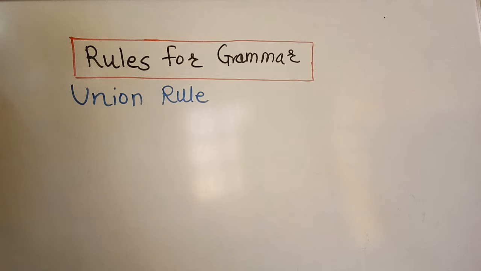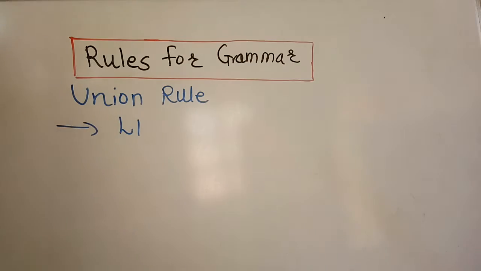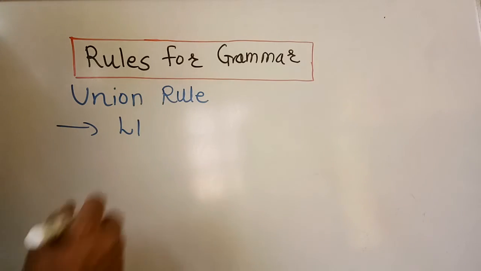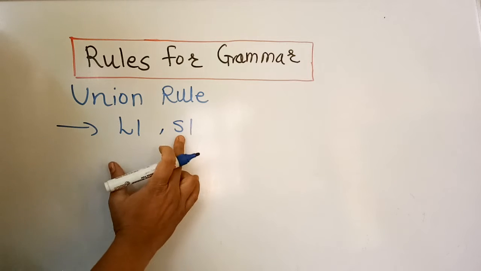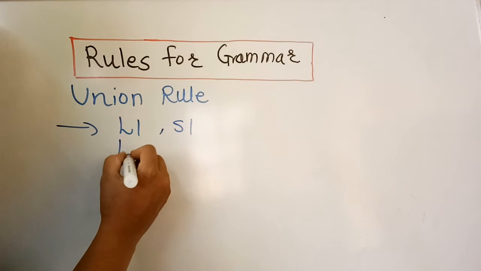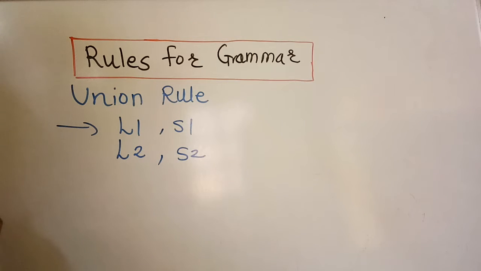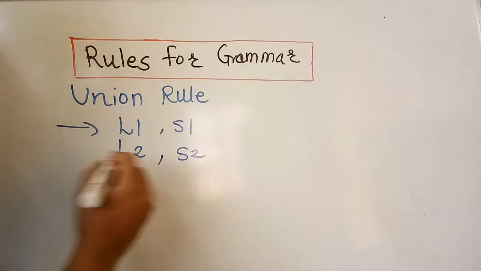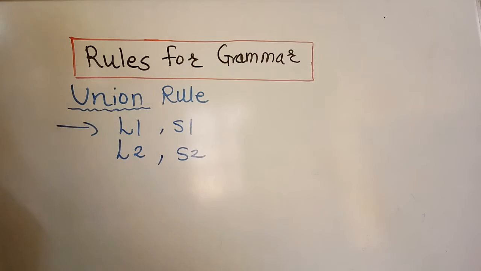If a language L1 is generated by a grammar with start symbol S1, and L2 is another language generated by a grammar with the start symbol S2, then the union of these languages, which is the rule we are discussing here, is nothing but the union rule.